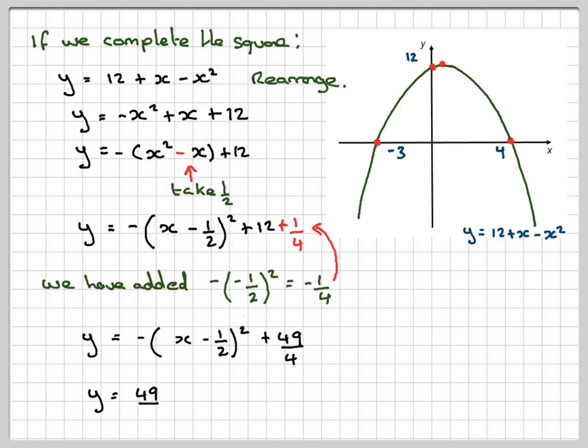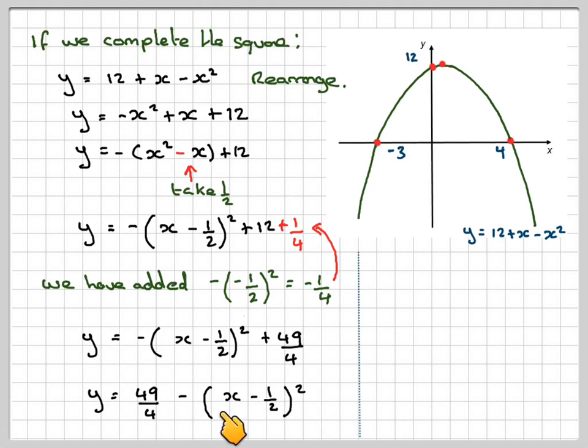If we rewrite this, just swap these two over, we get 49 over 4 minus, x minus a half, all squared. Now, the lowest that this bit here can ever be is 0, because if you square it, it's going to become positive. So even if this bit is negative, when you square it, it will be positive. So you will always be taking a number away from this. This number will be the smaller.